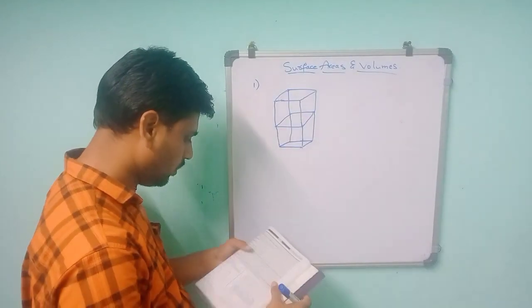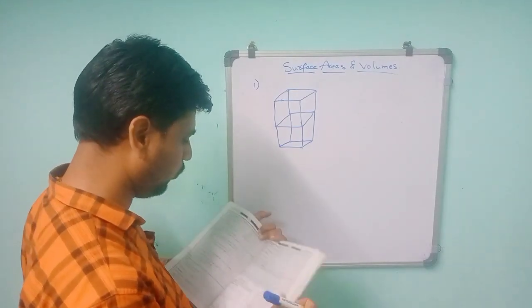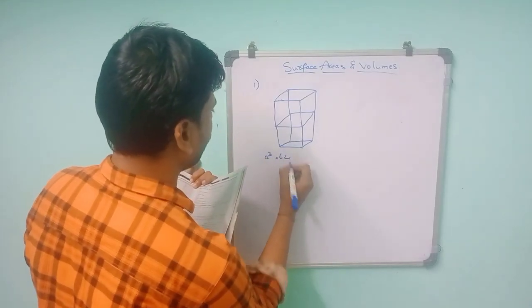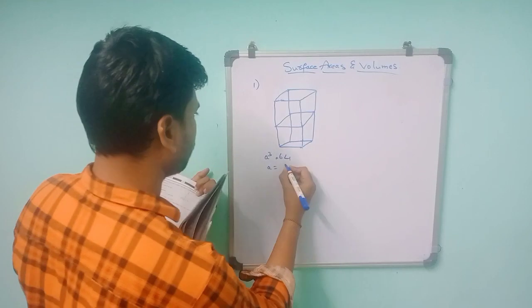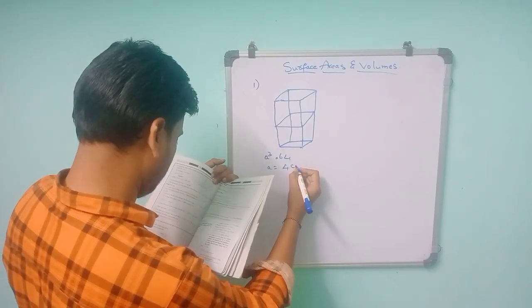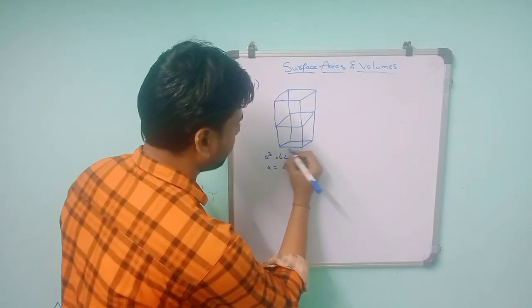Then they told each has a volume of 64 centimeter cube. So volume of cube is a cube equal to 64, so we got the a value as 4. Cube root of 64 is 4. So 4 centimeter.